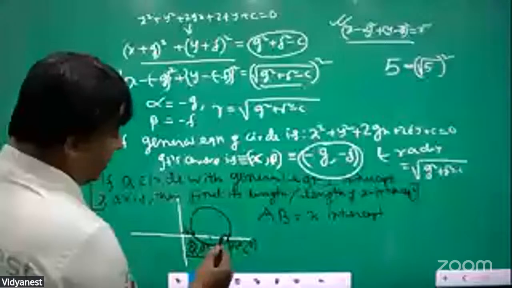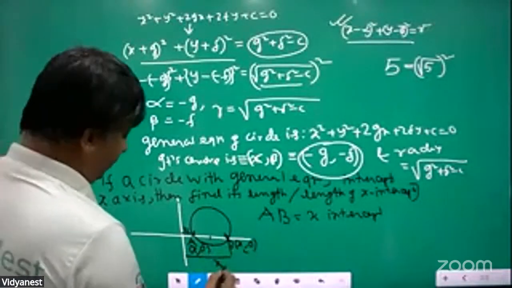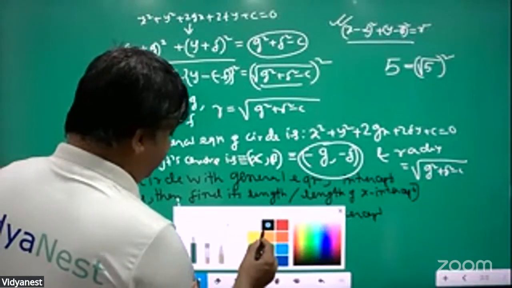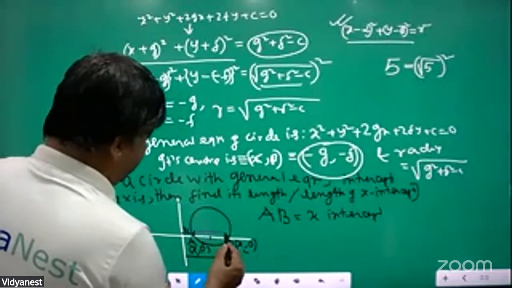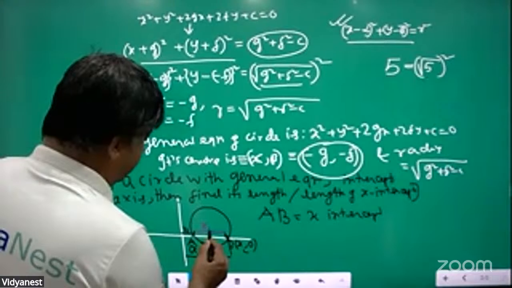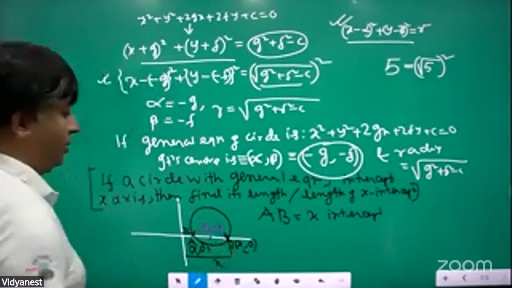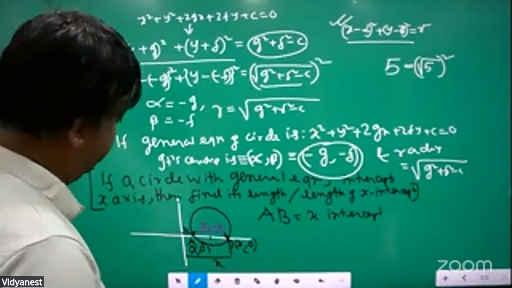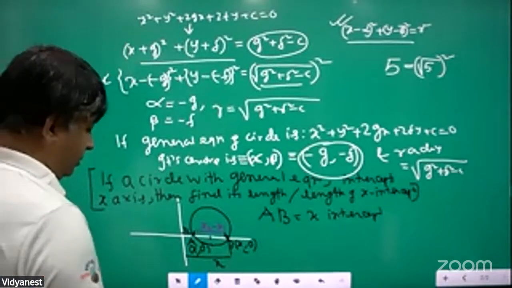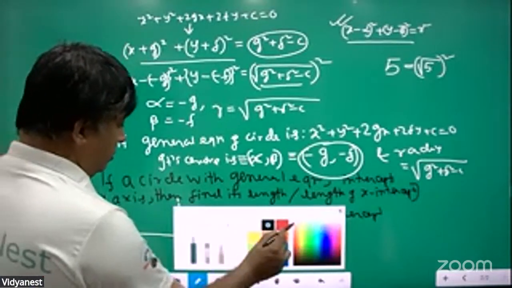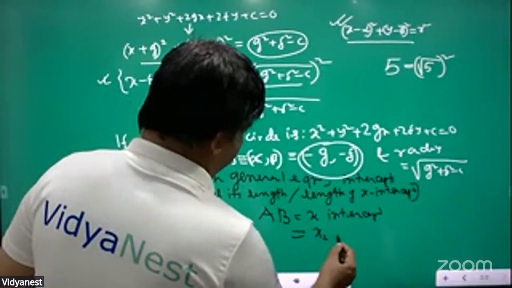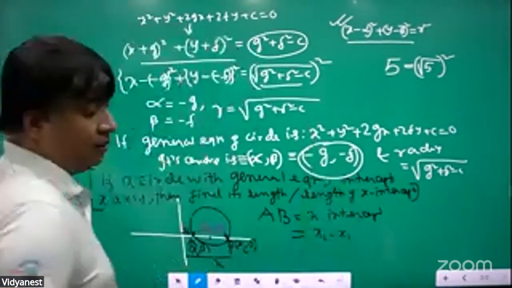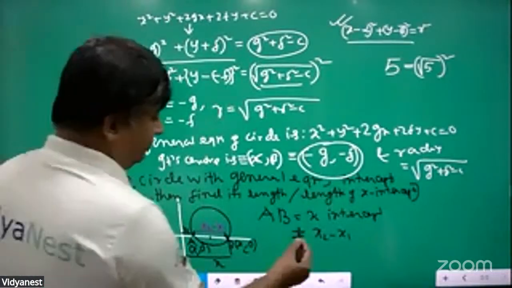So what is this length by the figure? By the figure, this length is x2 minus x1. So AB is x2 minus x1. Understand?